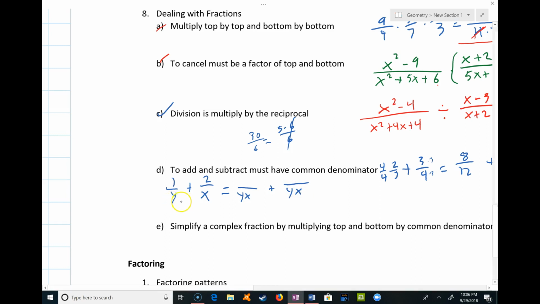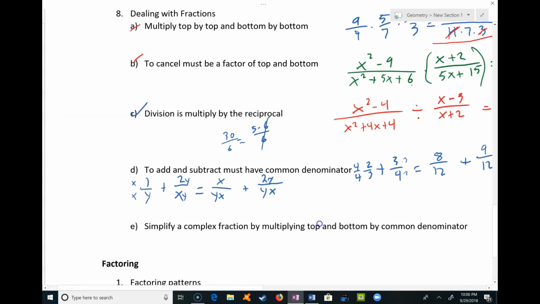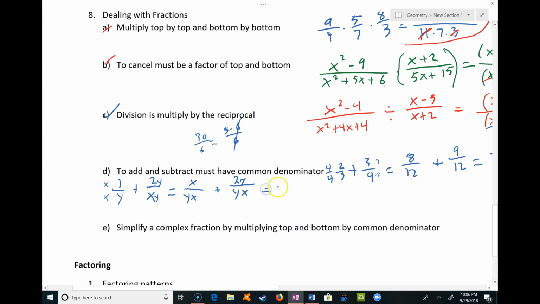To get yx as the denominator, I multiply top and bottom by x, so this has the x up here. And to get that to have the right denominator, I multiply top and bottom by y, which gives me 2y. Then when I add them together, I get x plus 2y divided by yx.